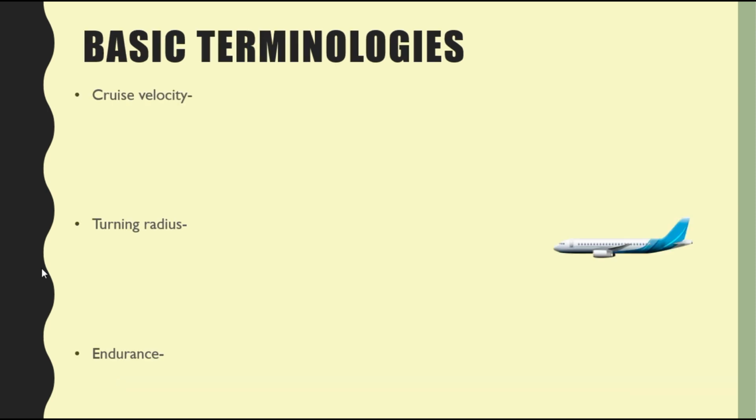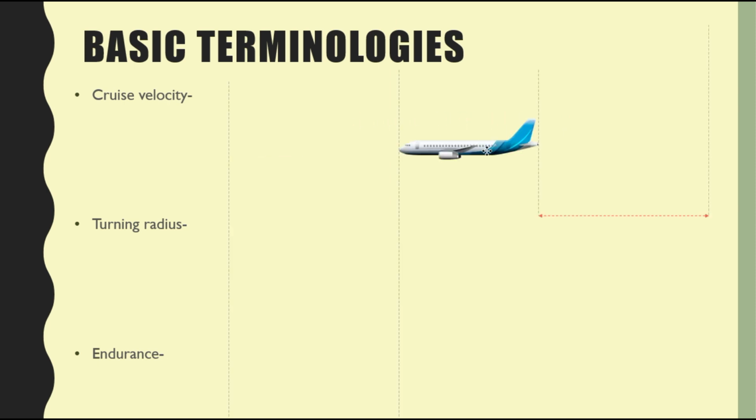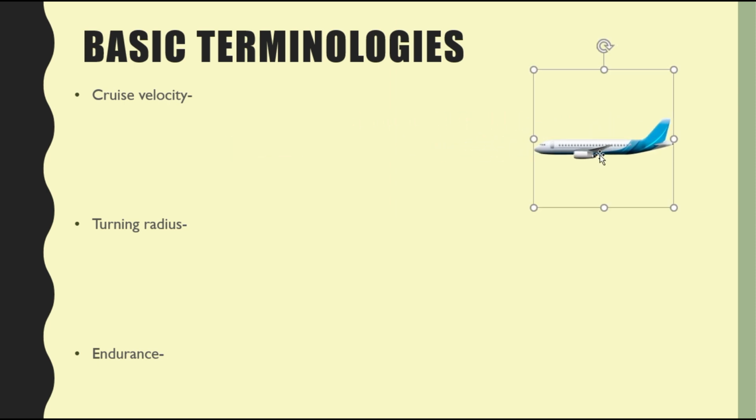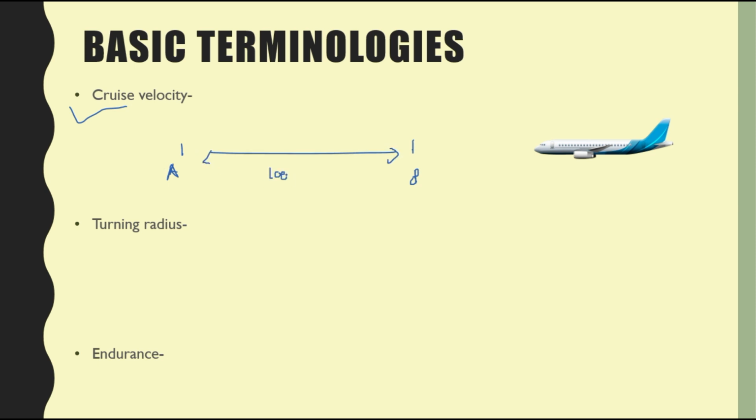Now next to that we have a cruising velocity. Cruising velocity is the one with which the aircrafts we see are flying in the sky. This velocity is totally mission dependent. Like if suppose you want to deliver a package from point A to point B, and the distance between them is, let's say, 100 meters, and you want to deliver the package within 10 seconds.